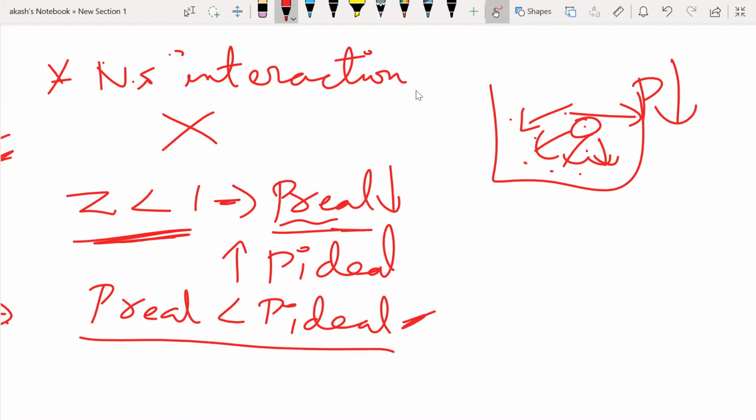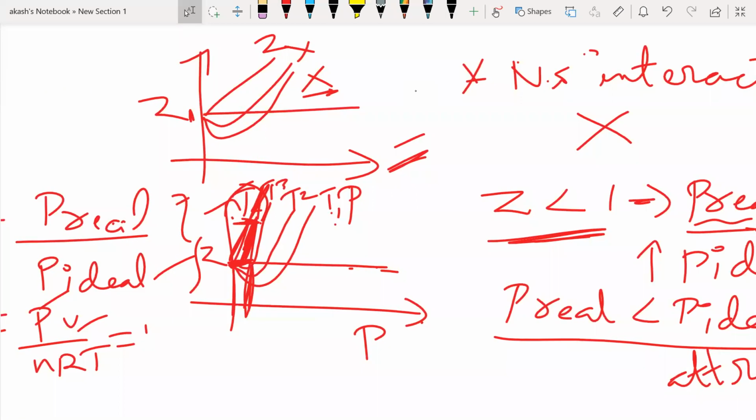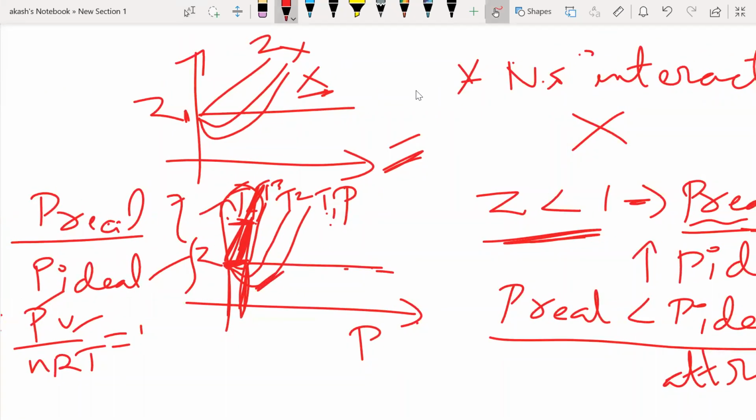P real is lesser than P ideal, and this will happen if I have attractive force. The part of the graph which tells me this is the dip which you see here. That's telling me that at those ranges of pressures, the attractive force dominates.